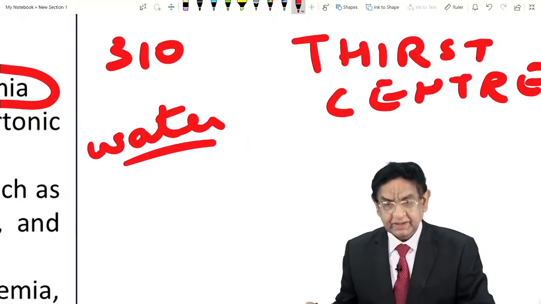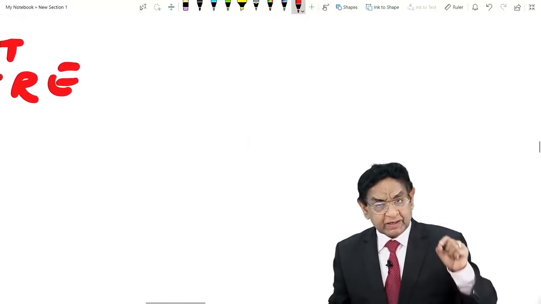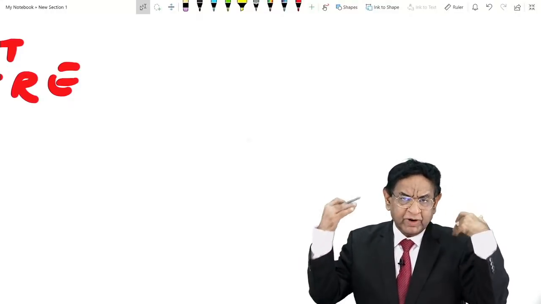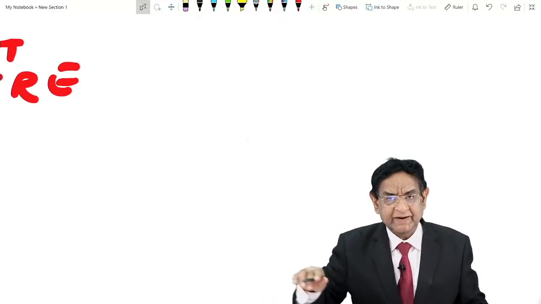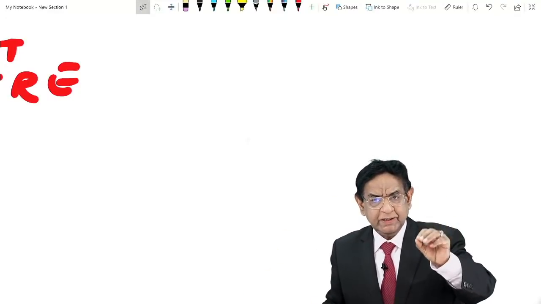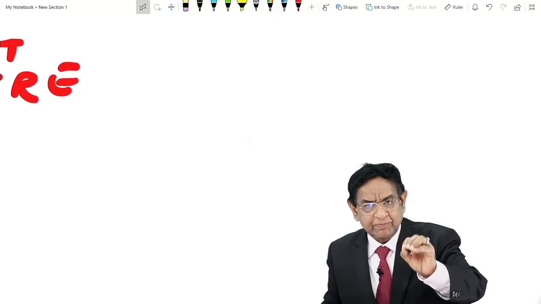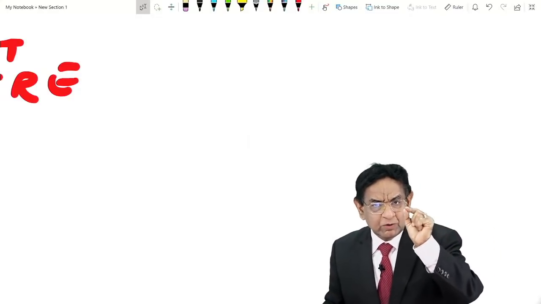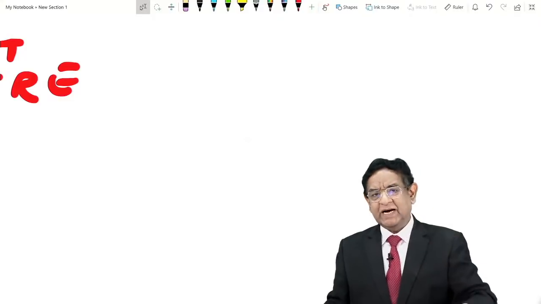One more question. Write down the answer. Water gets absorbed in stomach, and majority of the food we take is digested and absorbed in intestine. But there are only 3 substances which are absorbed in stomach. One is water. Tell me the other 2 food items which are absorbed in stomach. Write down the answer in your copy.